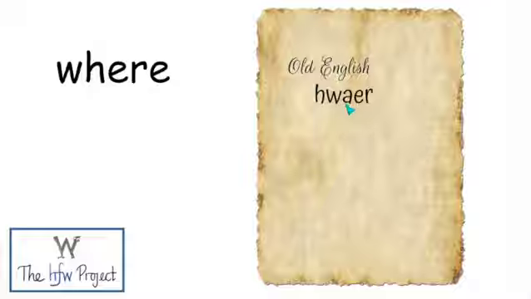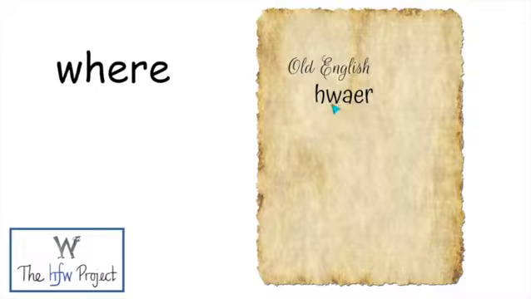So we've maintained or kept the sound of the word over time, but the spelling has, of course, shifted slightly. You'll also notice that the W and the H have switched places, but we keep that H there, or we keep those letters there as part of that reference to the Old English spelling.